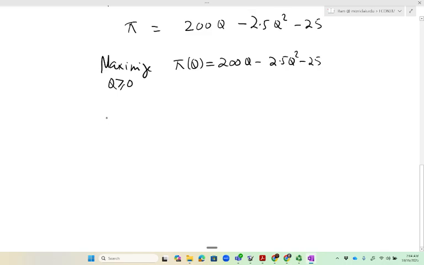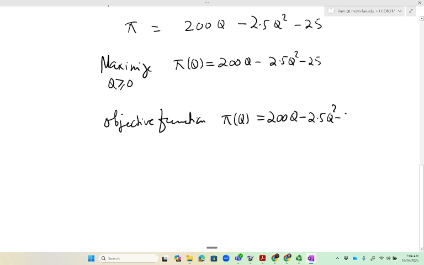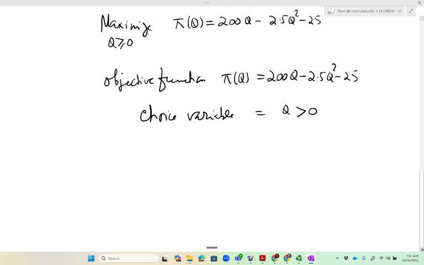So in this setting, our objective function is pi as a function of q, 200q minus 2.5q square minus 25, and my choice variable is q, which I want to be strictly positive.